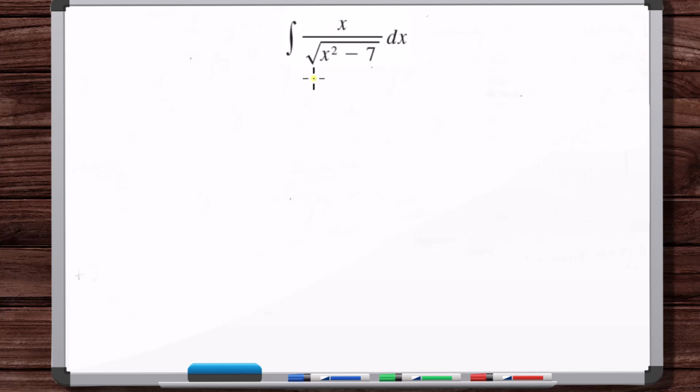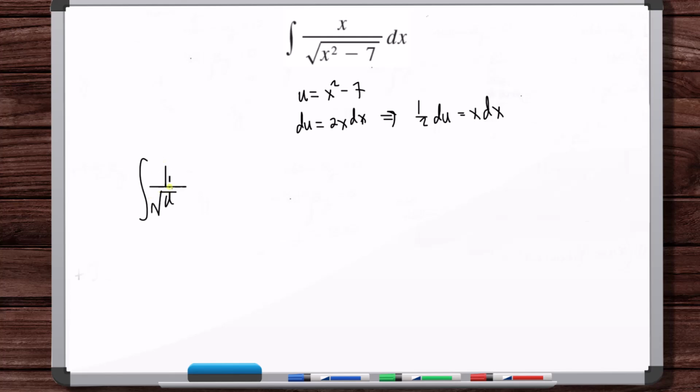Okay, so just looking at this, one thing I noticed is we could do a u substitution. So if we said u is equal to x squared minus 7, then du is equal to 2x dx. So 1/2 du is equal to x dx. And so in general, that's how you would solve this.